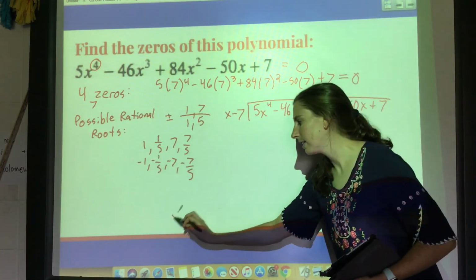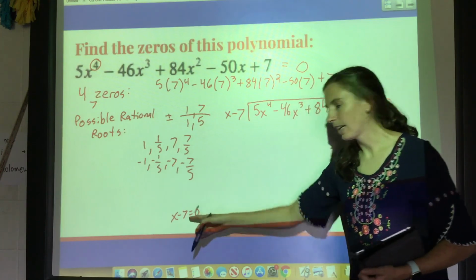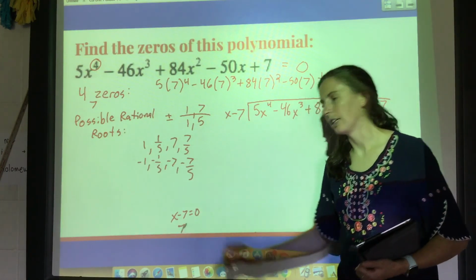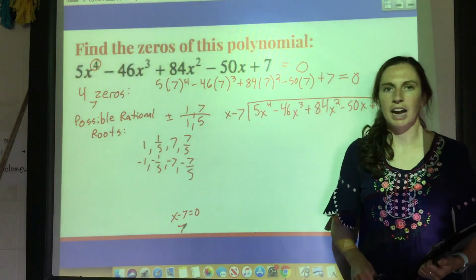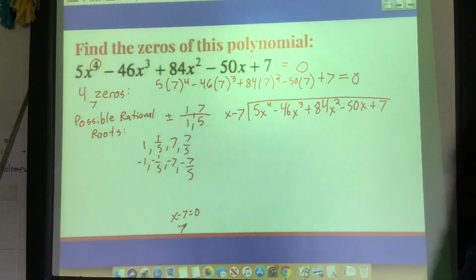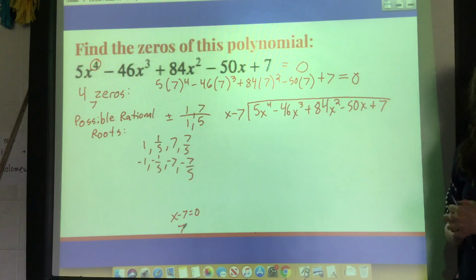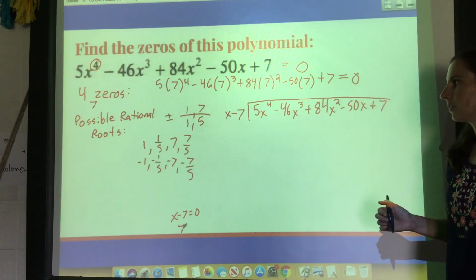Remember, if x minus 7 is a factor, and I set it equal to 0, it would give me 7 as a solution. So that's why I need minus 7 as a factor here. So I'm going to go real quickly through this long division.